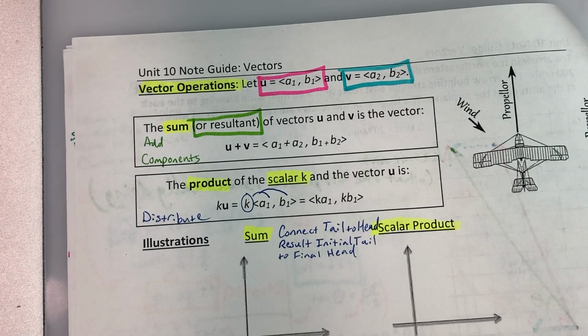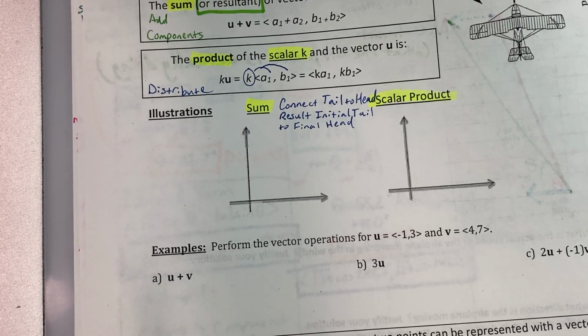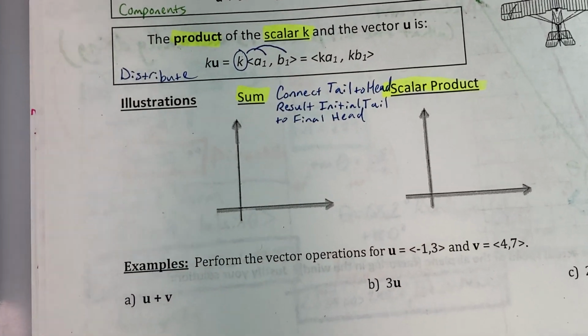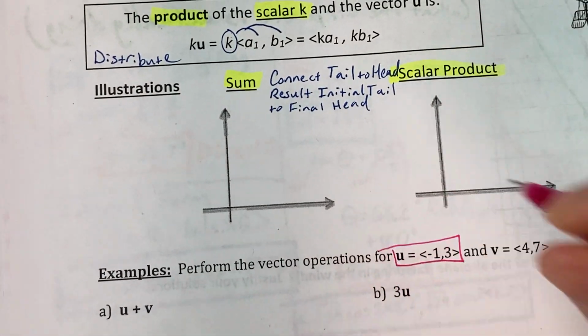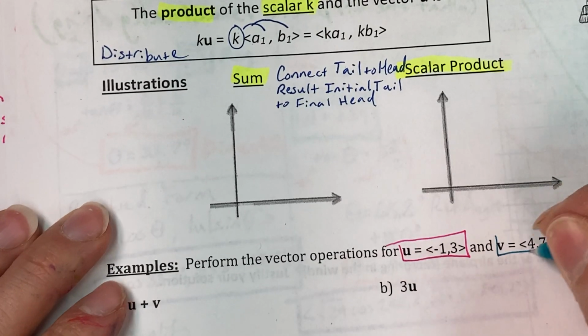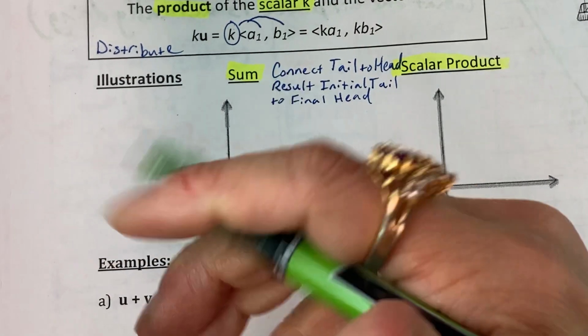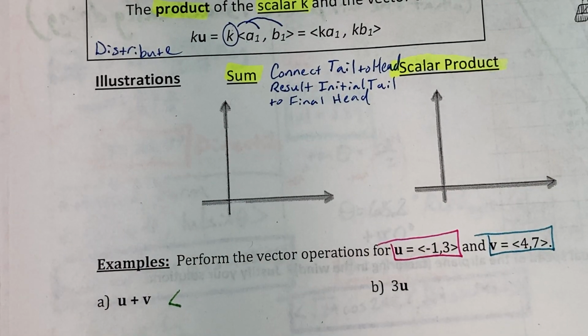All right, so we're going to go ahead and take a look at this first problem where we've got U plus V. So vector U is -1, 3, and vector V is 4, 7. So if I want to add these two vectors together, we would add the A components and the B components. So I'm going to be showing more work than you probably need to on your homework here, just so you know where these numbers are coming from.